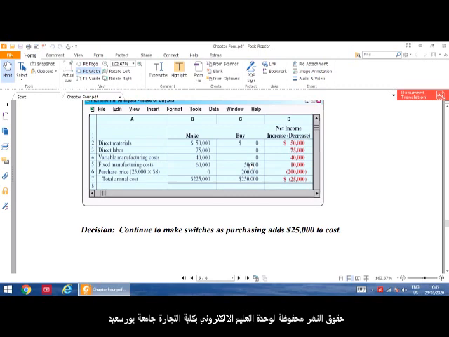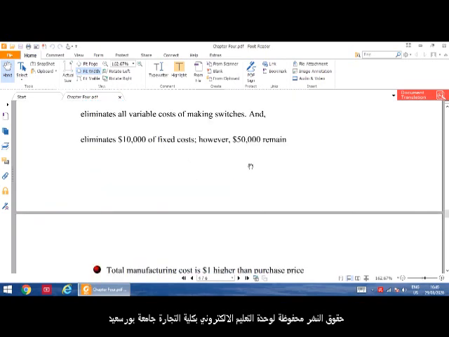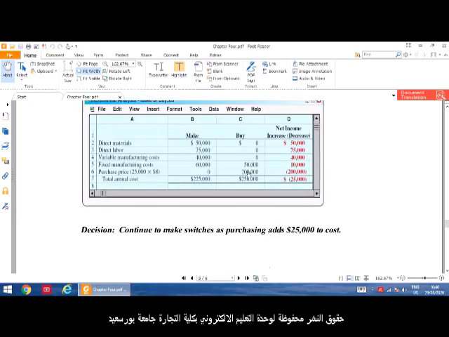Here, $10,000 of fixed cost will be eliminated. However, $50,000 will remain. And the purchasing price is 25,000 multiplied by $8, which is $200,000.